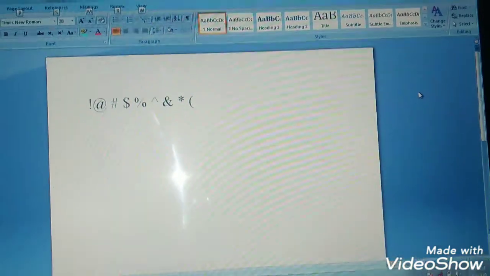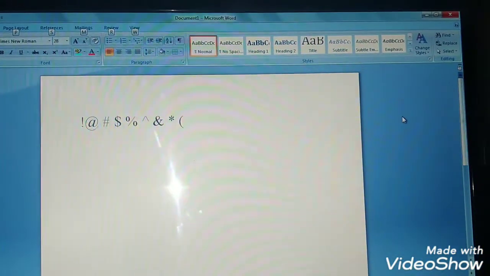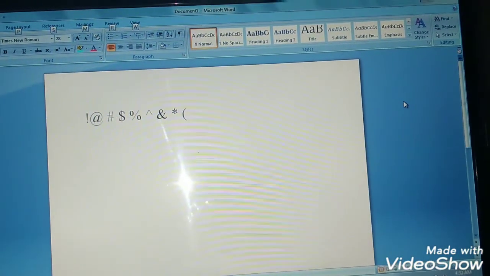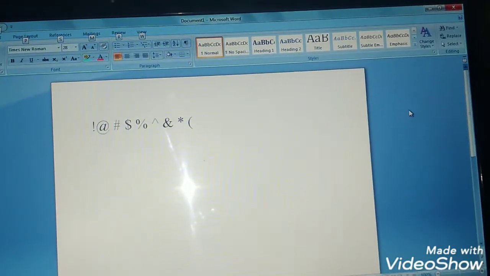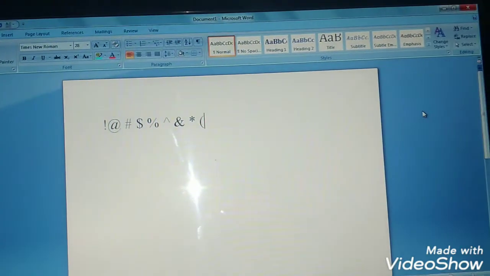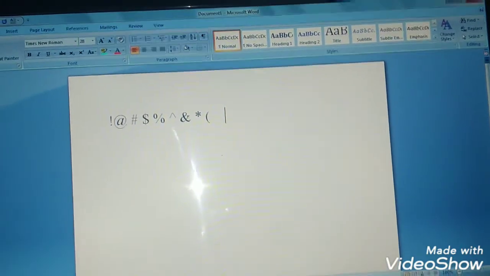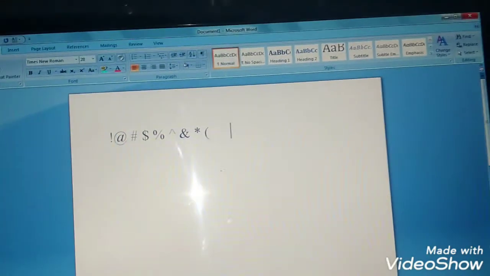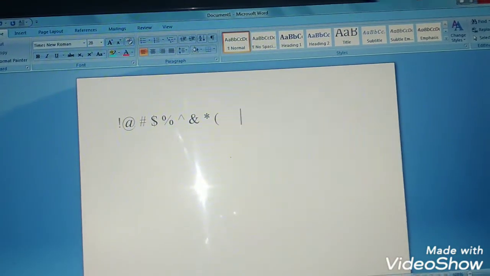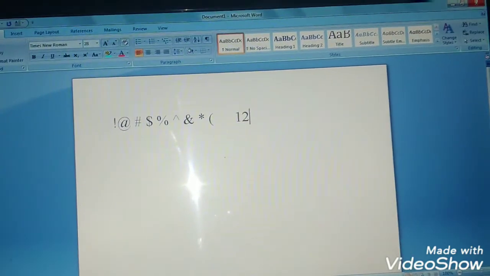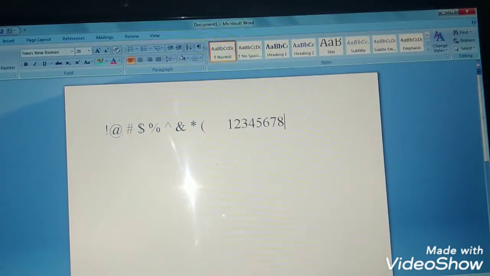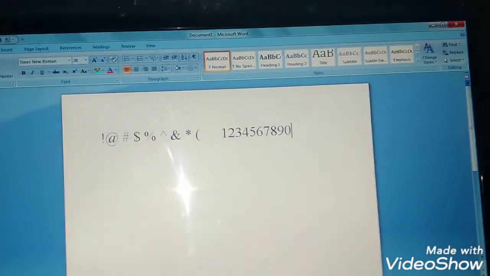So it is used in combination with different number keys. When we just press these number keys singly, without the shift key, you can see on the monitor just 1 2 3 4 5 6 7 8 9 and 10. 10 means 0.